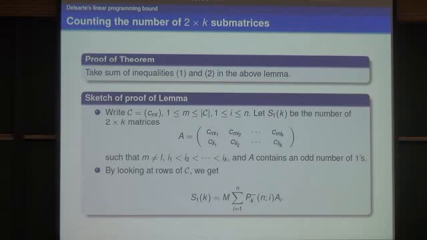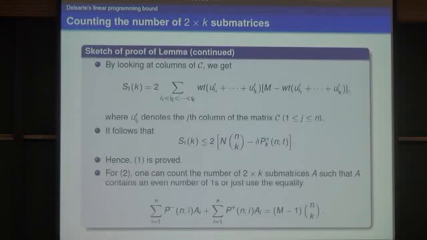Now we just focus on the rows and the columns. By looking at the rows, you will get this number. This is the left side of the Delsarte linear programming bound, the left side in our lemma. For the right side we just count by looking at the columns.